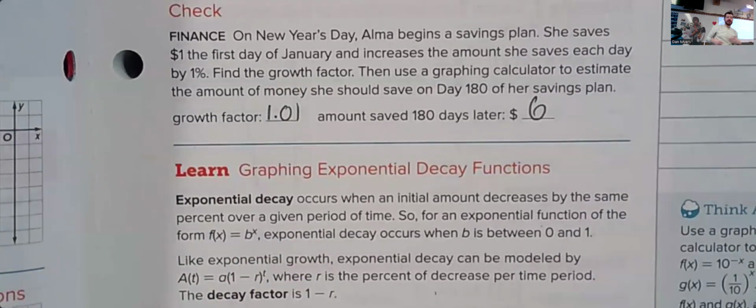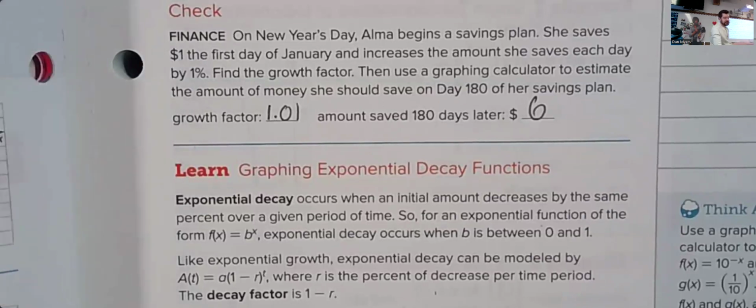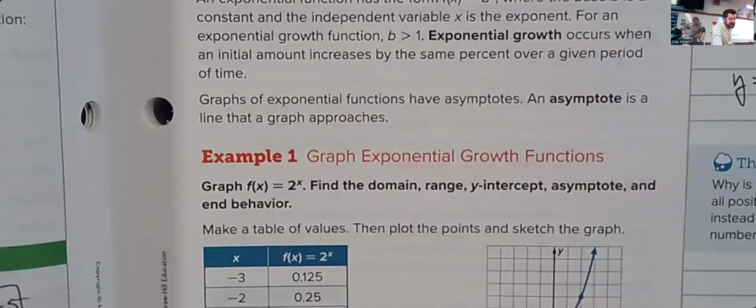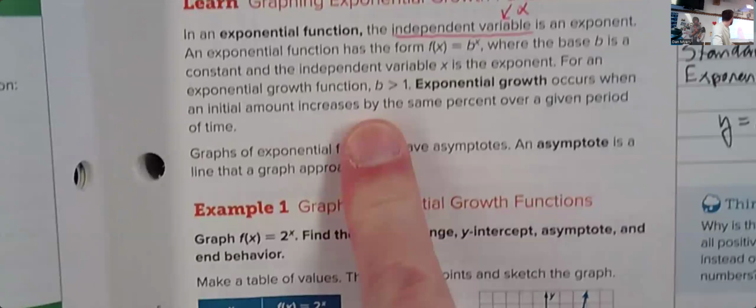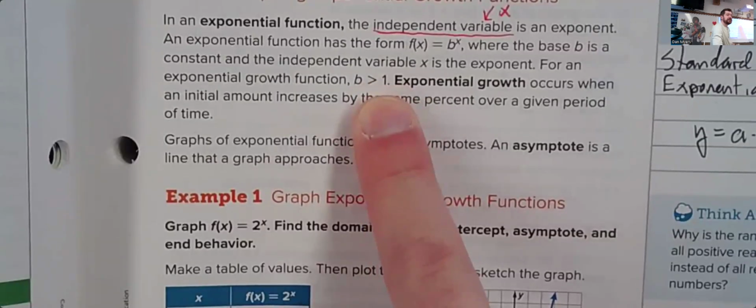So this is another form of an exponential function. If something is exponential decay, it's funny, I didn't mention this on the first page here, but growth would be a value of b greater than 1. So what do you think decay would be? Less than 1, yeah.